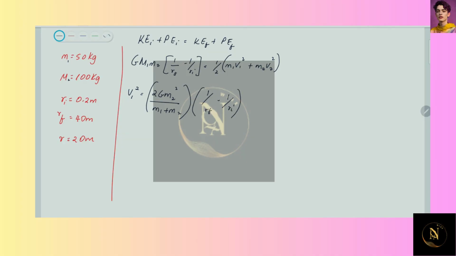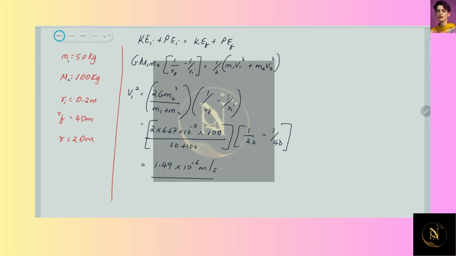If you substitute, you get 2 into 6.67 into 10 to minus 11 Newton meter square per kg, multiplied by 100 kilograms over 50 plus 100, multiplied by 1 over 20 minus 1 over 40. So you get the square root of it as 1.49 into 10 to minus 6 meters per second.